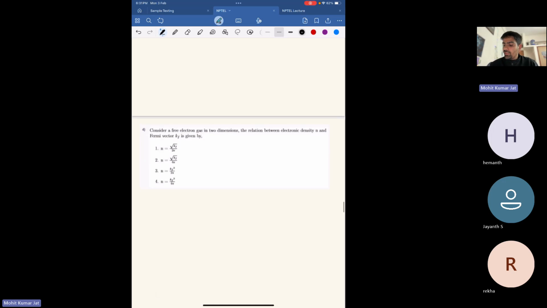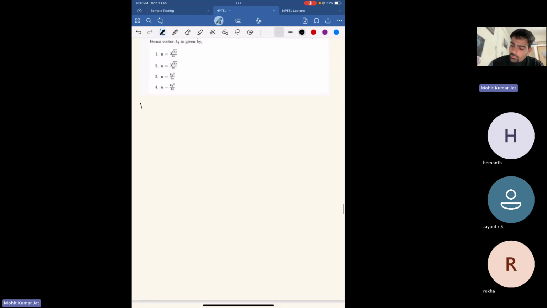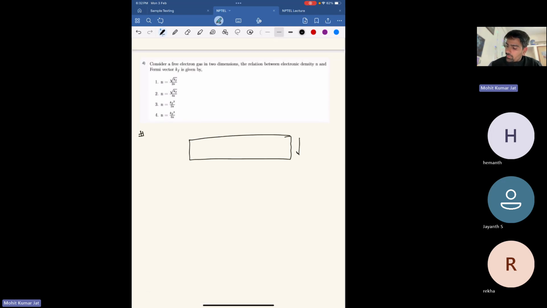Which considers a free electron gas in 2D. The relation between the electron density n and the Fermi vector kF. So this is asking that you have a free electron gas in 2 dimensions, not in 3 dimensions. For example, these are the 2 dimensions which you have, this is your Ly, this is your Lx, in which your 2D electron gas is confined.